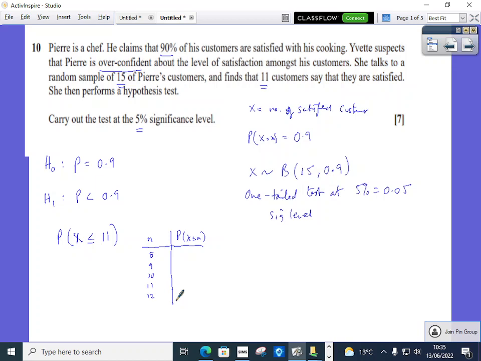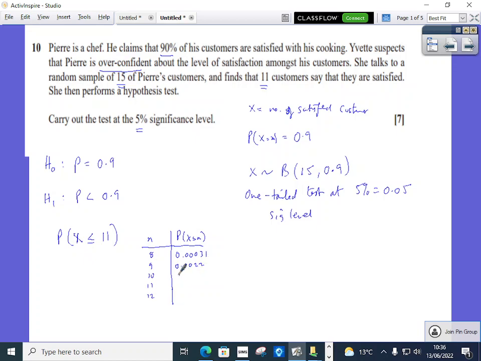Okay, 10, 11, and 12. And then n is 15 and the probability is 0.9. So if you got your table, which mine has got, probably that will be less than or equal to 8, that is 0.00031. 9 or less is going to be 0.0022.